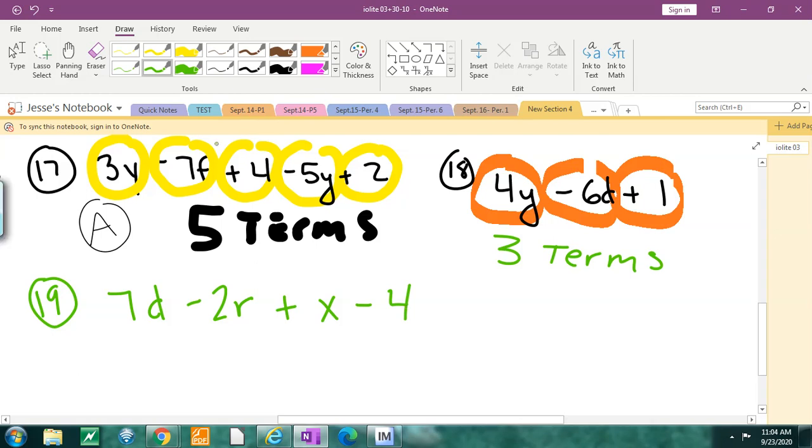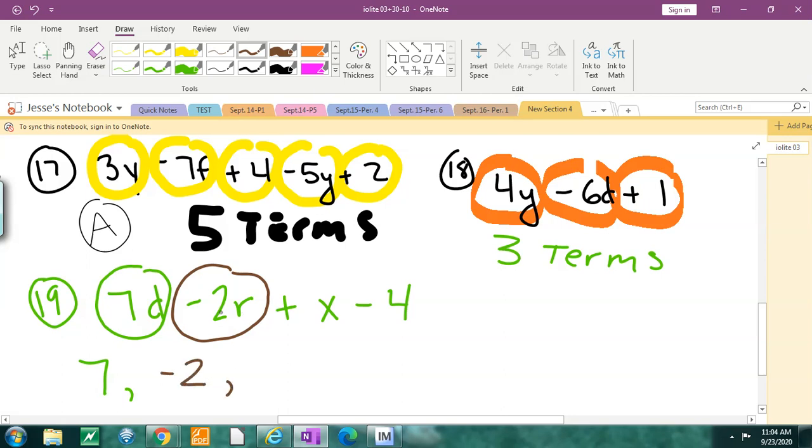Let's see each term. We got 7D. Does that have a variable? Yeah, so the coefficient is the 7. All right, so far so good? The next term is negative 2r, negative 2 times r. So it has a letter, so my coefficient, remember the letter is a variable, is negative 2.